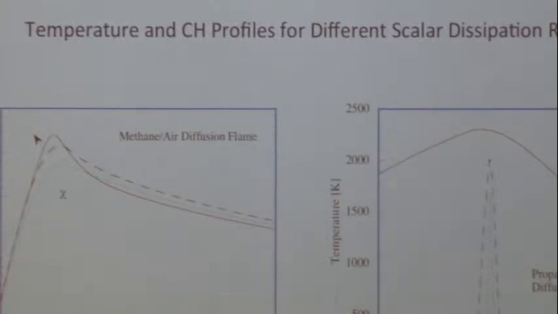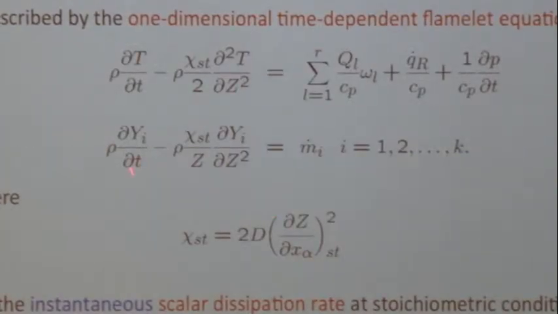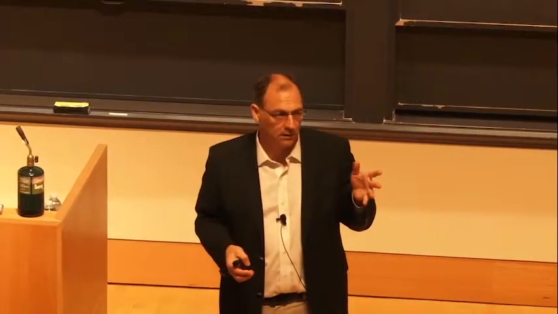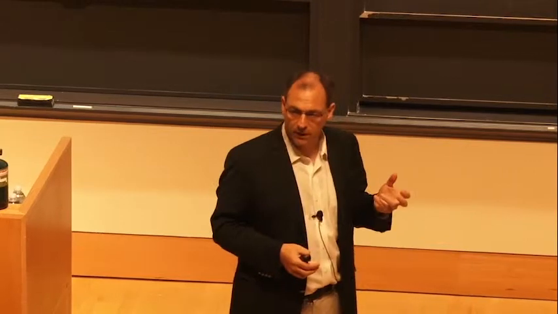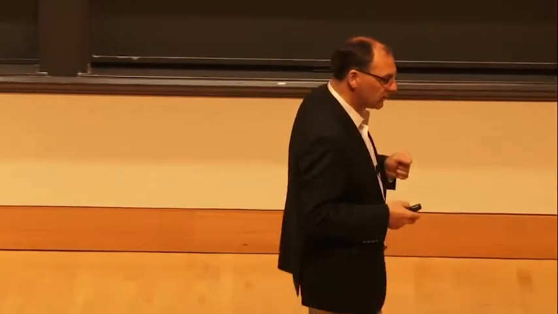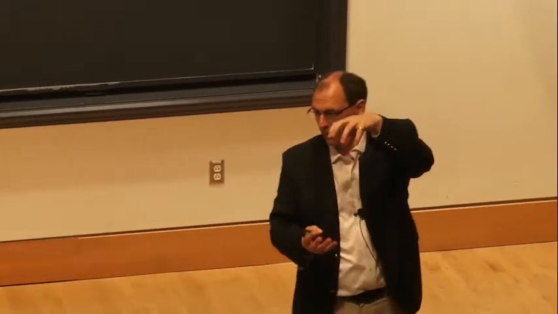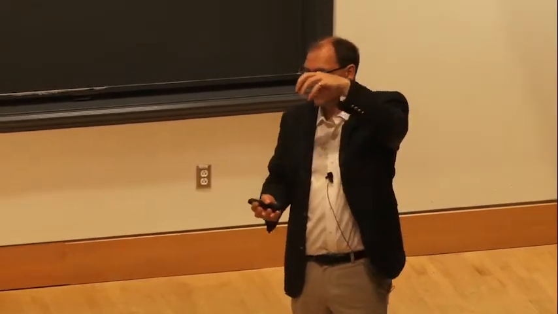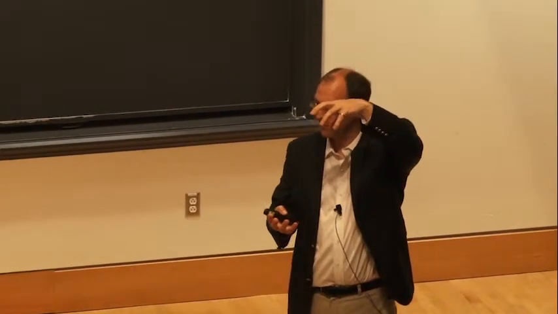So now, if we solve these flamelet equations, the first thing you see is that we have an external parameter. What in the counterflow flame was the strain rate is now, in these equations, the dissipation rate. Or you could think of it like this: in a counterflow flame you have the strain, which is a feature of the velocity field.